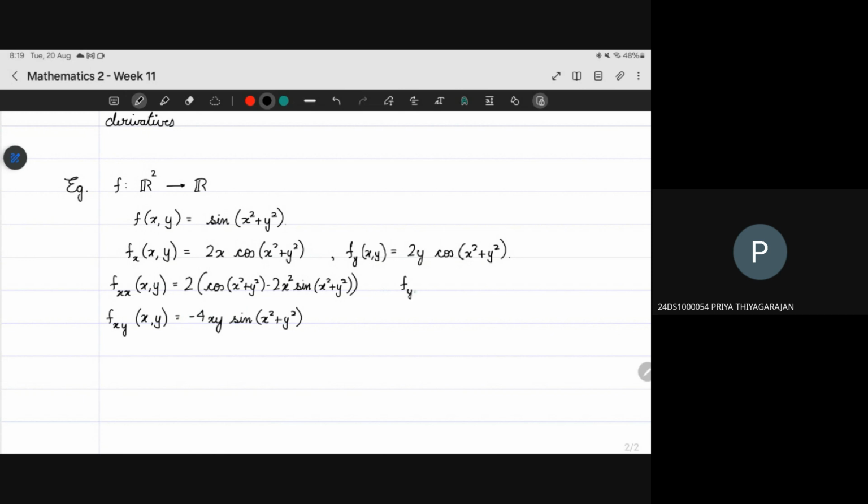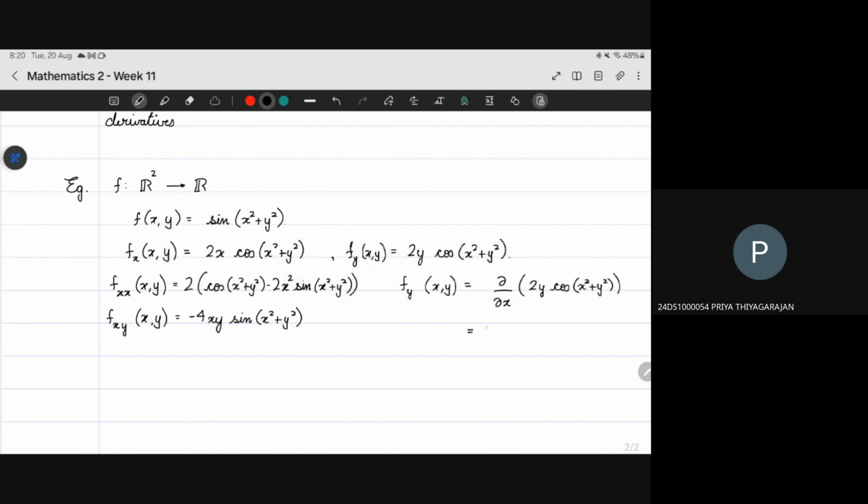What is f_yx? At (x, y), I get a 2y, and then, just to emphasize the point further, you're taking the partial derivative of 2y cos of x squared plus y squared in the direction of x, meaning you will be treating y as a constant and differentiating with respect to x.